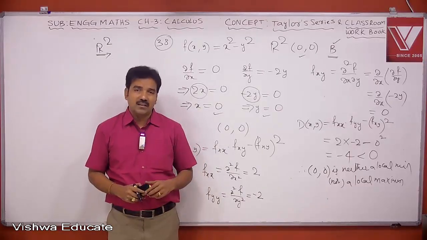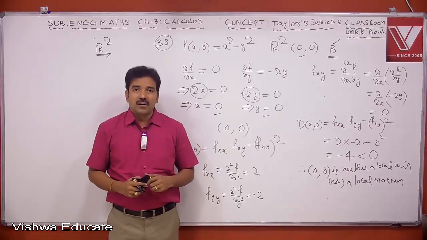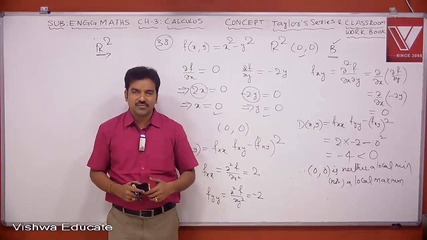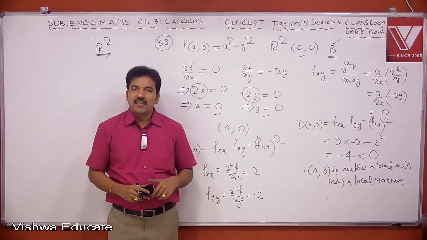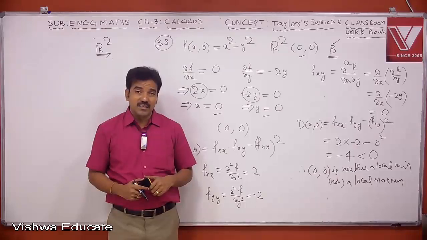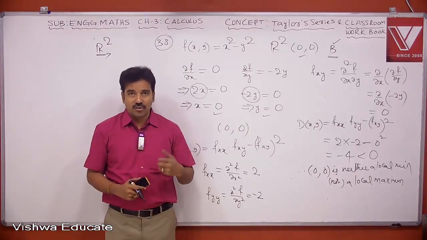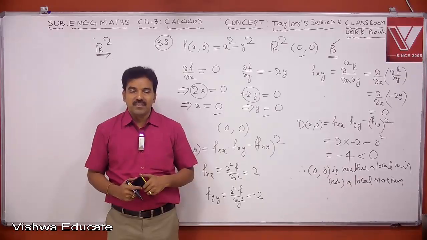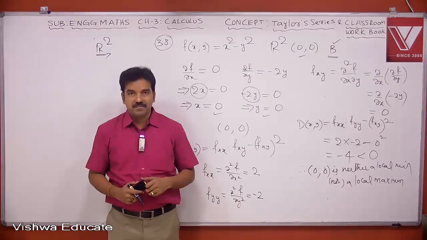Suppose I ask you, what is the status of roll number 15, for example in your class? That means whether the student is a local minimum, that is least topper, or highest topper, or both, or none. Suppose roll number 15 says to me, sir, my marks are 38.